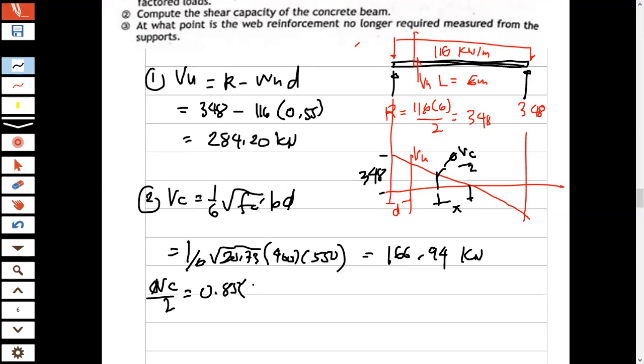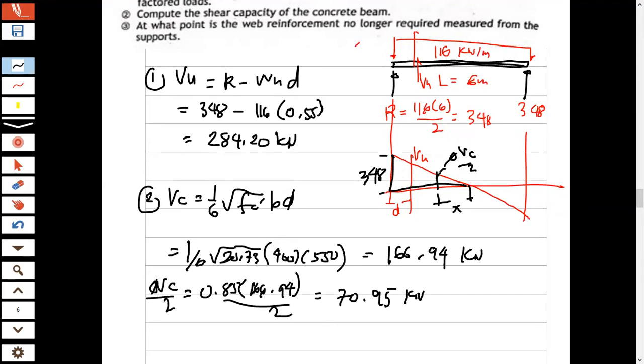VC is already computed, 166.94 over 2, 70.95 kilonewton. Okay, shear. So from this, we can have here this big triangle, a ratio proportion.